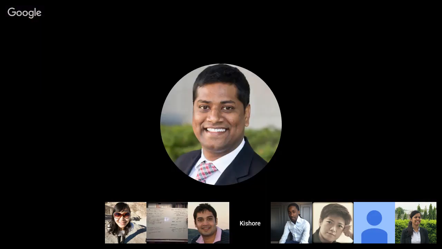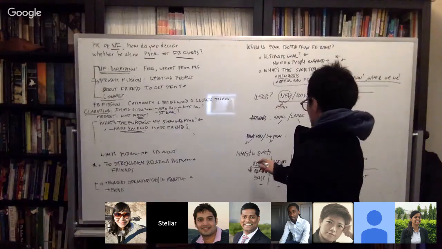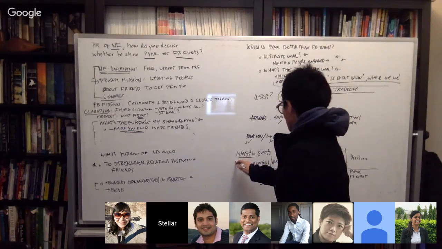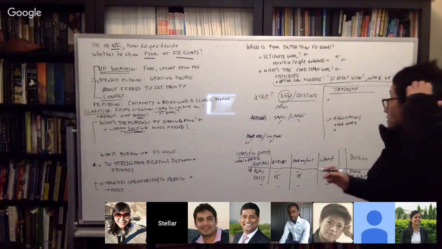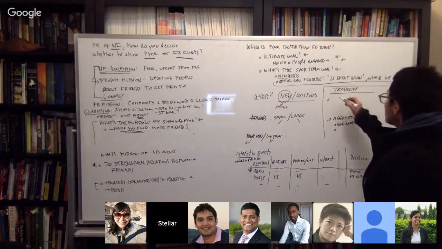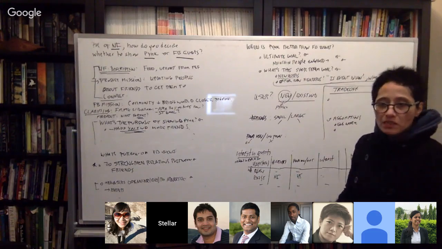Right. So I think one other variable that we could add in as well is the previous history of his feed. Have we shown people you may know previously? And did the customer show interest in that particular feature, interest in events and interest in people you may know? Yeah, totally. But that's an interesting trade-off that you mentioned, which is some people are new, but they just want to explore.